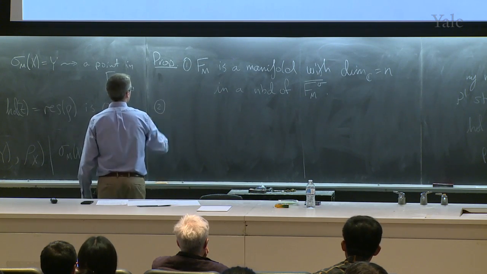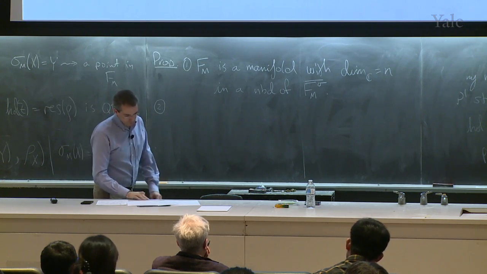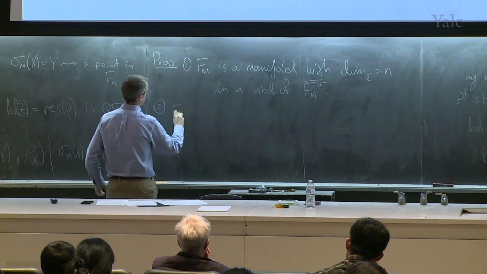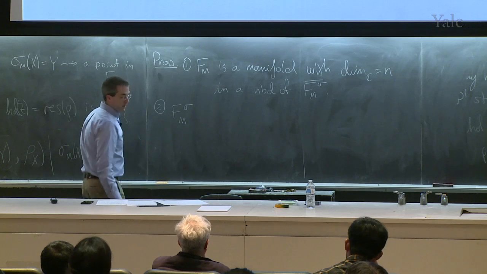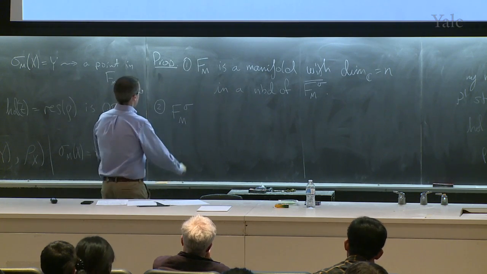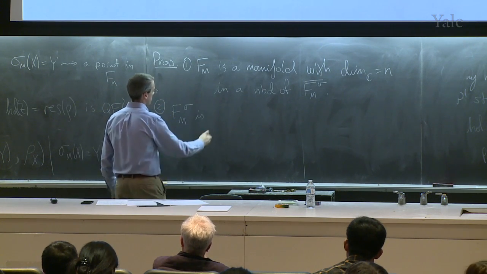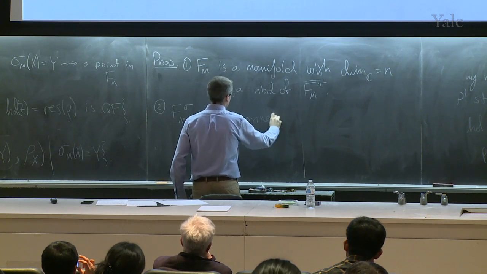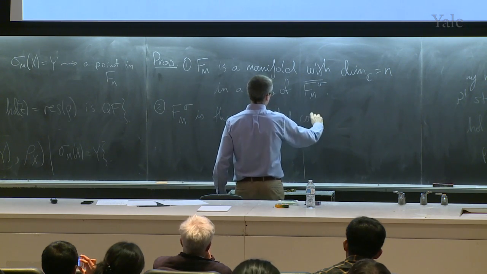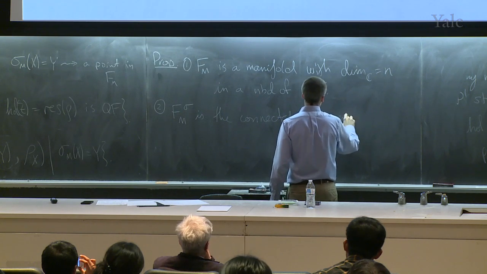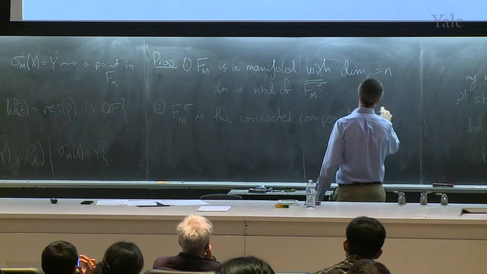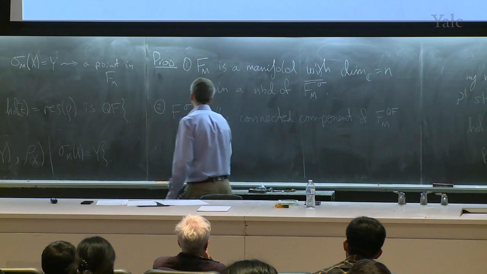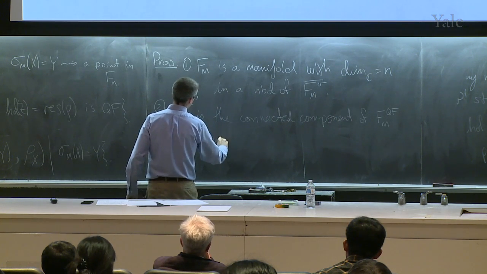2, Fm sigma is the connected component of the quasi-Fuchsian part containing the totally geodesic boundary structure.